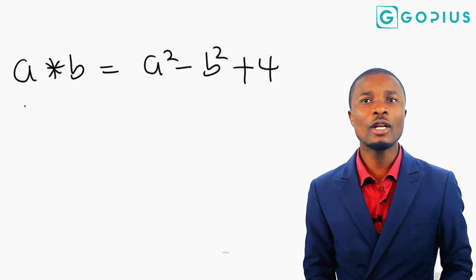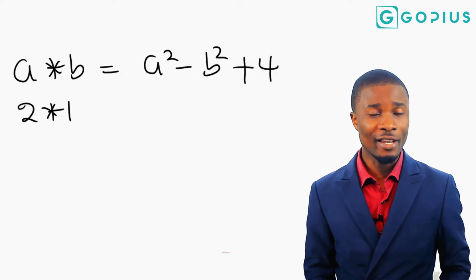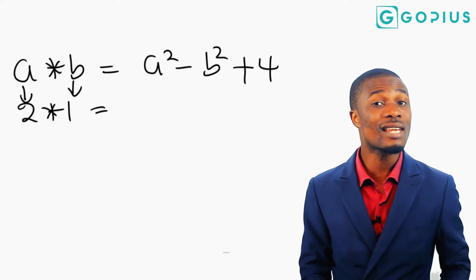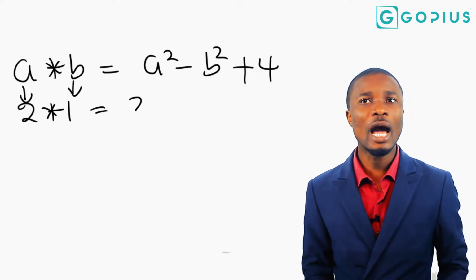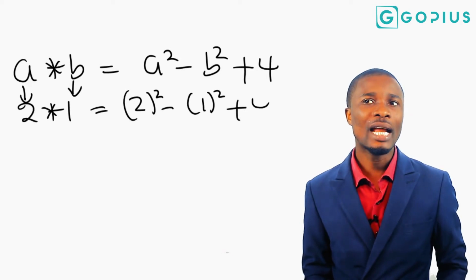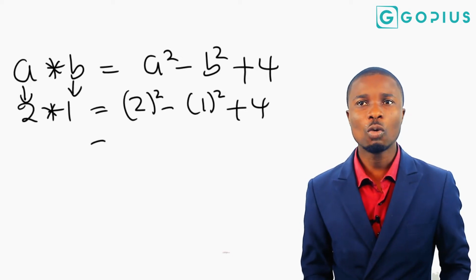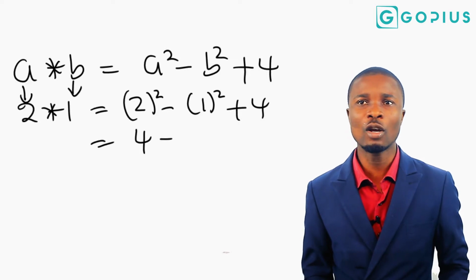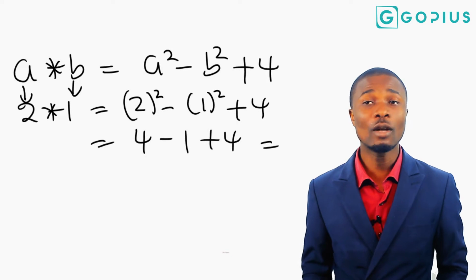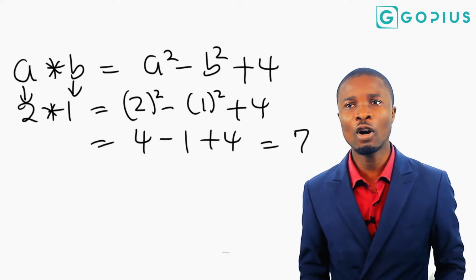So if I were to evaluate something like 2 star 1, for instance, 2 star 1 now means A is now 2 and B is now 1. So A square becomes 2 square, minus B square, which becomes 1 square. Then I add 4 to that. So this is equal to 2 square is 4, minus 1 square is 1, plus 4, which is equal to 4 minus 1 is 3, and 3 plus 4 is 7.